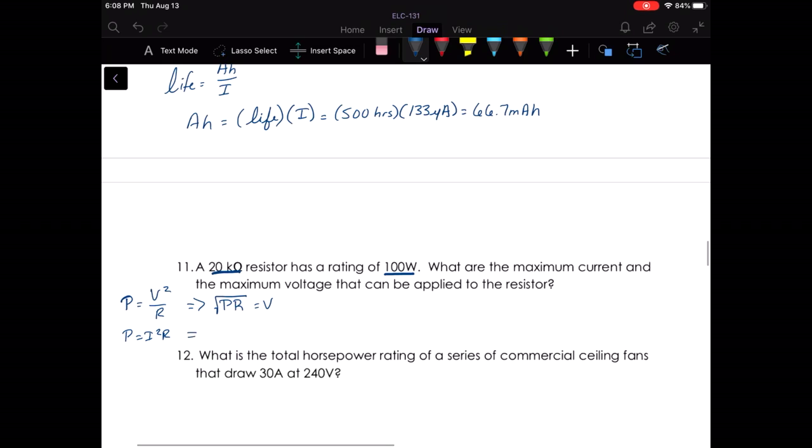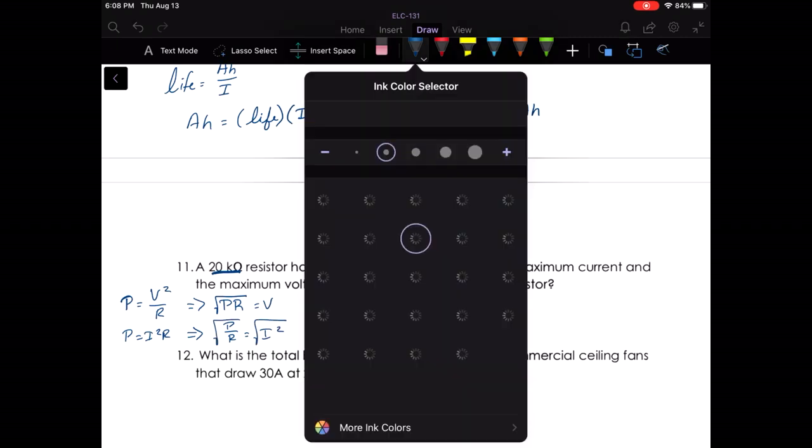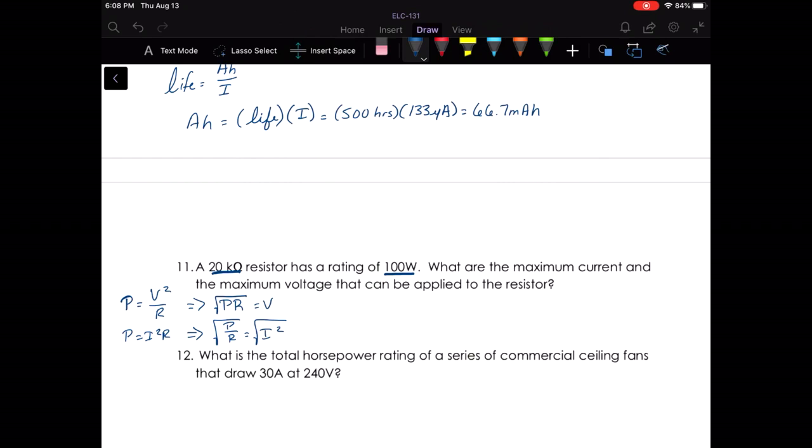And my equation here, if I divide by the resistance, I have I squared, and if I take the square root of both sides, I'm left with just I on the right-hand side.